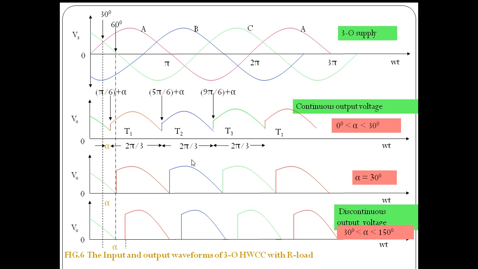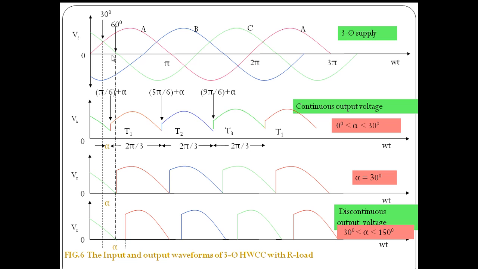So here, if we observe, V naught becomes 0. And further, if we increase the firing angle, the phase C output will be 0, but we have still not fired thyristor T1.